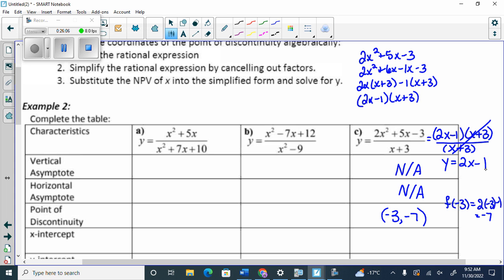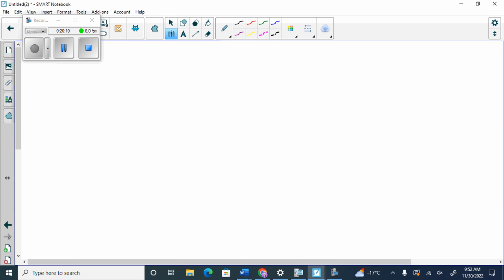So let's go to a separate page and do this one. x squared plus 5x all over x squared plus 7x plus 10.